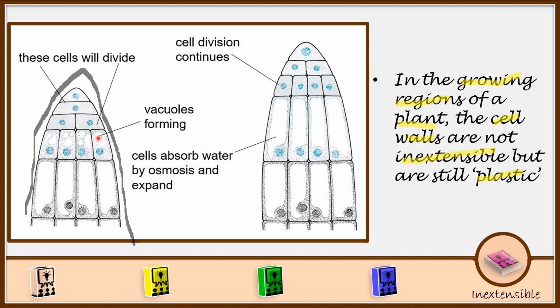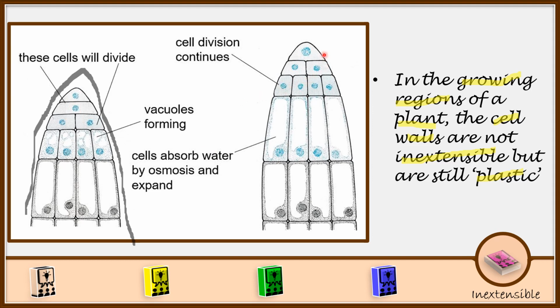Then later on, those cells will absorb water by osmosis and they are going to expand. As they are expanding, we say the plant is growing.